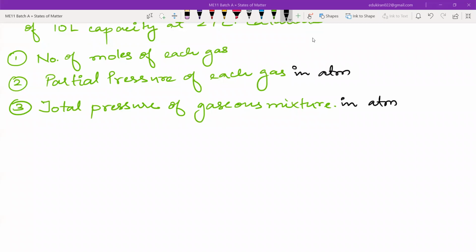Have you calculated the number of moles? Yes, sir. Okay, tell me what is the number of moles for each gas. For oxygen, it is how much? So for oxygen it is 0.31. And nitrogen? 1.78. Okay, fine. And you're finding the partial pressure? Yes, sir. What formula are you using? How are you finding it?